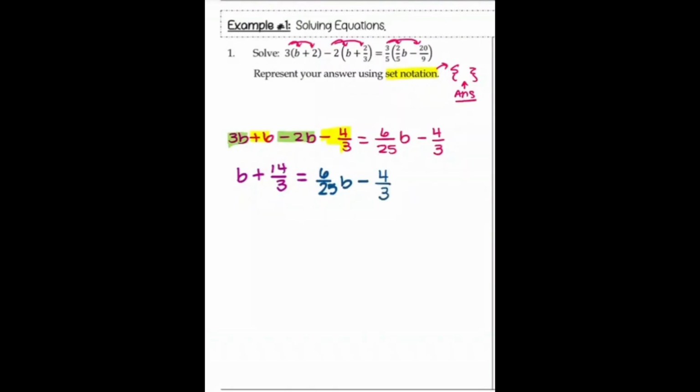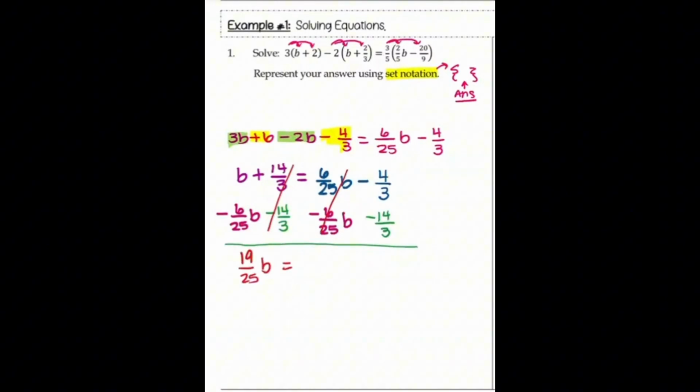So at this point, let's move the b's together and move the constants together. All right, so if I combine my b's, we have 1b minus 6/25 b. We get 19/25, and that is equal to -6.